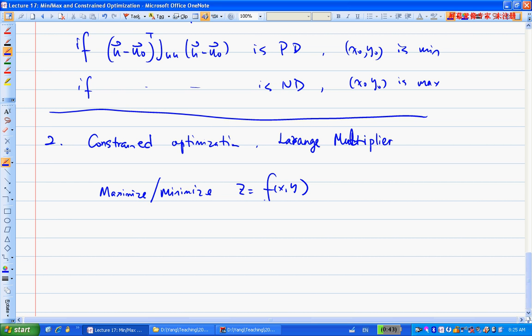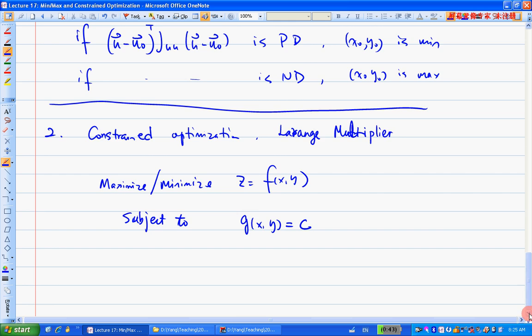Now this time we add a constraint. Suppose it's subject to a certain constraint. Let's call the constraint g of x, y equal to c. This is our constraint.